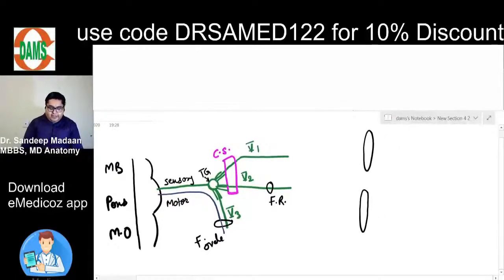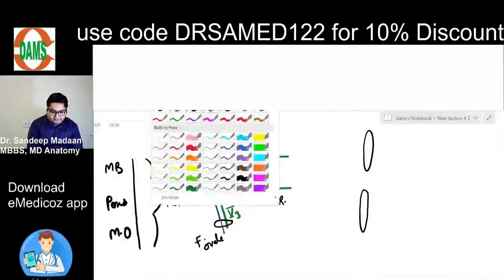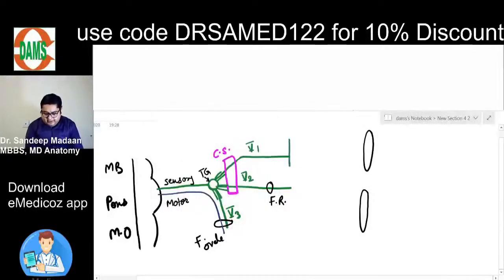So now we need to understand that we have the trigeminal ganglion made by the sensory root here, and we have V1, V2 and V3. What happens next is this. We have three branches from the ophthalmic division, and what are these? This is the lacrimal branch.